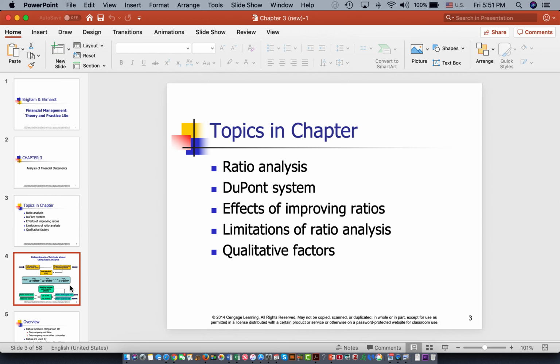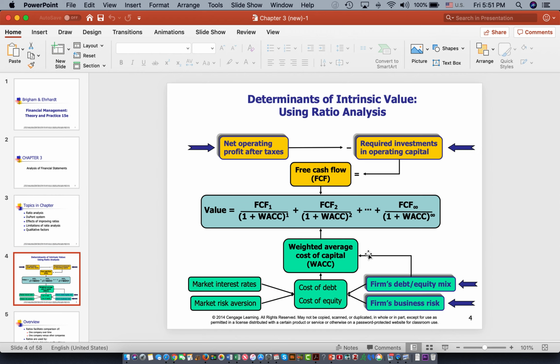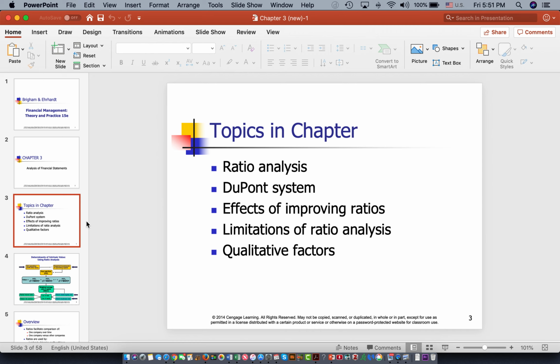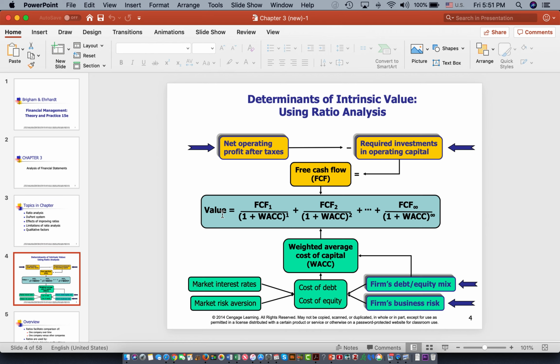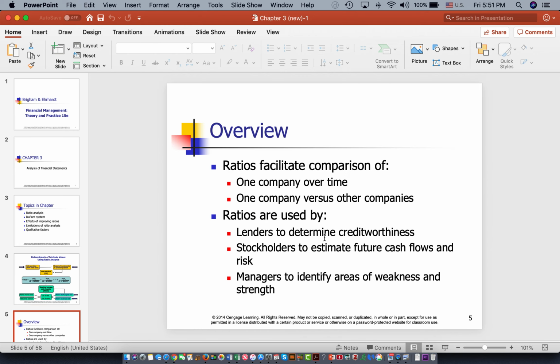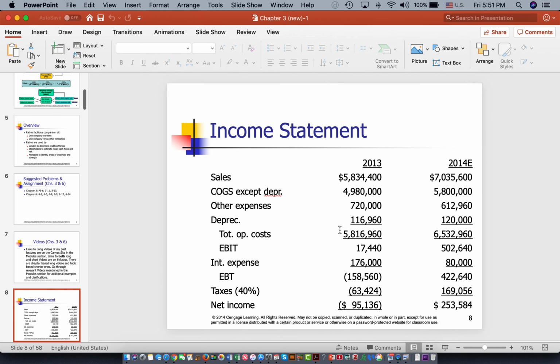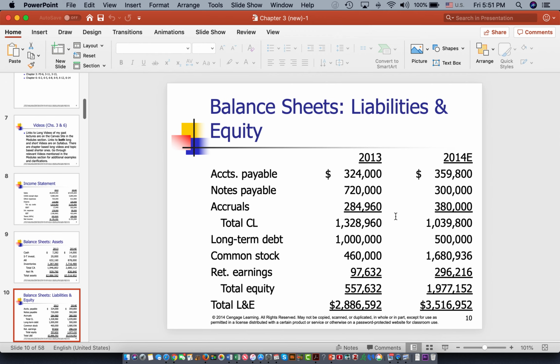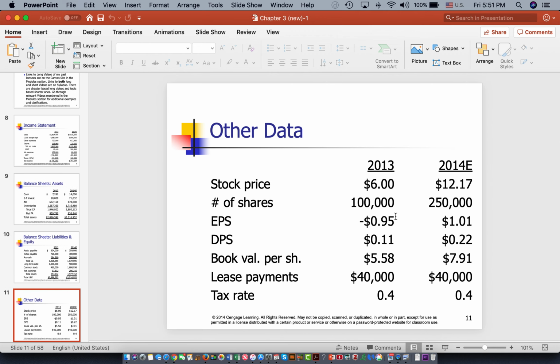Again, we go back here to stress that this is where we are shooting for, and ratio analysis will help us find out the valuation of the firm. We had been working with these income statements and balance sheet and other data like stock price, EPS, DPS.